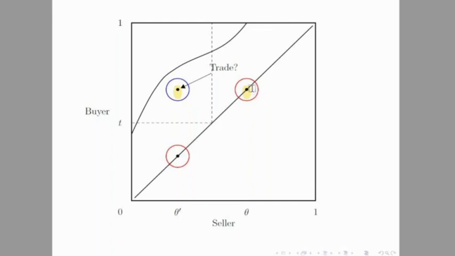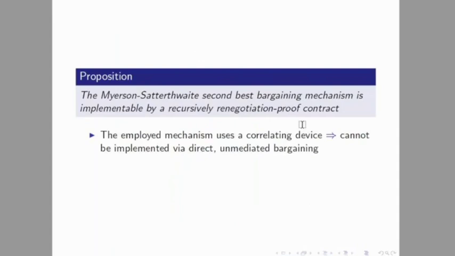Both will get zero payoff in here and in here. But if trade will take place here and in here, then that destroys incentives for both the agents to reveal their types truthfully to trade in here. And that destroys the incentives to reveal types truthfully and in fact to trade.